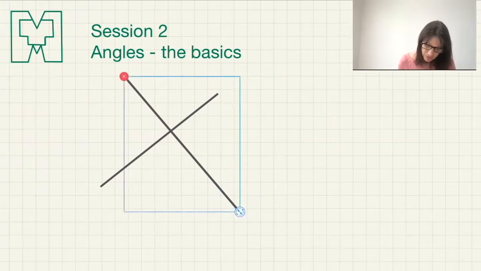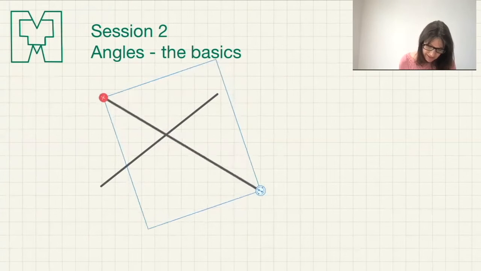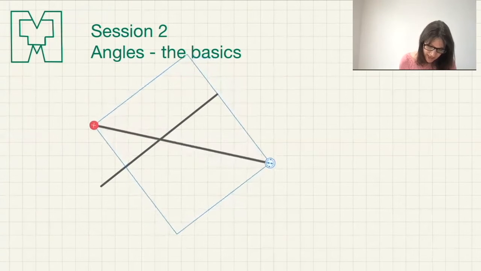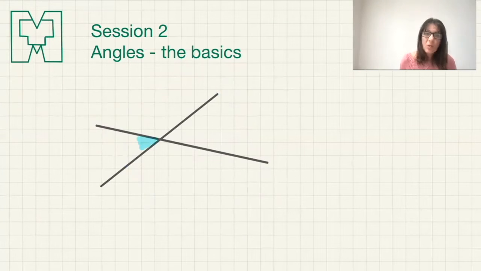So let's move it to there and look at the angles now. This angle here is what we call an acute angle. It's nice and cute, itty bitty little. So it's an acute angle, and it's less than 90 degrees, and we can see that that's less than 90 degrees.